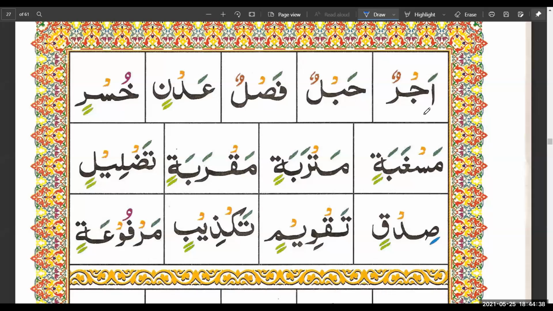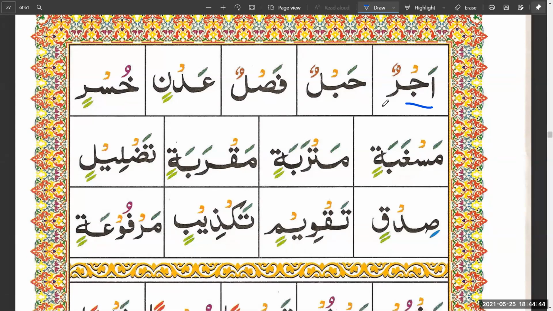So this first word would be alif fatha a, jim with a sukoon, aj, then ra 2 dhamma run, ajrun, ajrun. Next one, ha fatha ha, ba with a sukoon, lam with a double dhamma lun. So habbun, hablun.